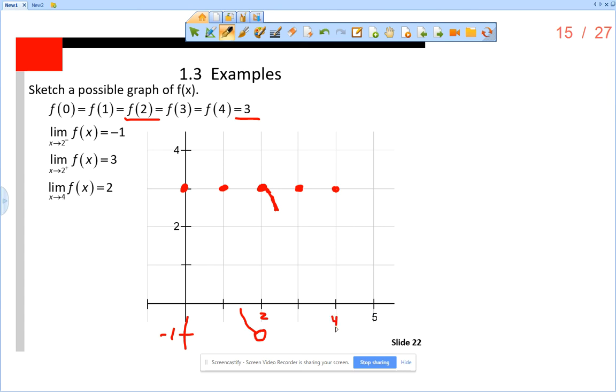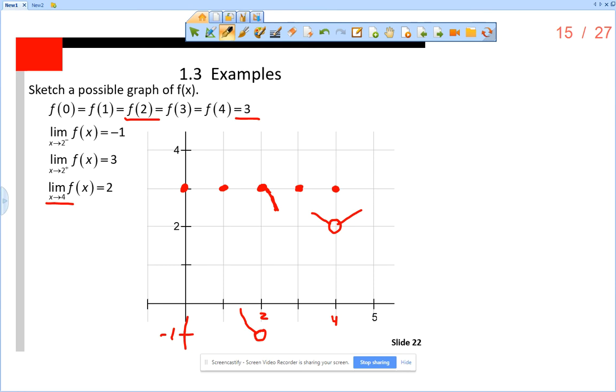So here's 4. What does that mean? I must have an open circle here at 2. It can't be closed because there's already a closed circle up here. And that means from the right and from the left, I must be approaching that open circle. It has to be from both sides because I was told that this overall limit exists.